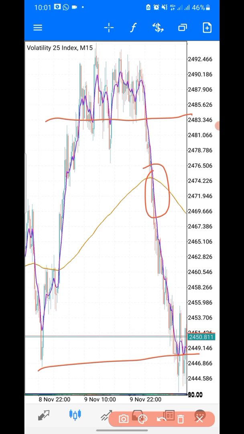So with the help of this strategy, we are able to determine our entry, our stop loss, and our take profit level, guys. It's actually a powerful strategy. I backtested this strategy, and for every 10 trades we enter, it's going to give us a minimum of 70% win.